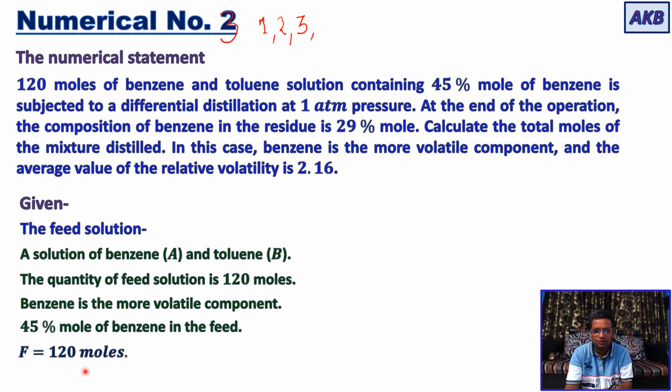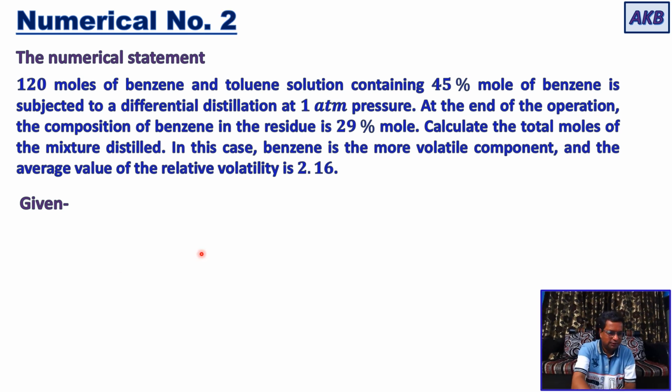Okay, so from this we can note down F as 120 moles and XF as 0.45. Since it is containing 45% mole of benzene, mole fraction will be the percentage divided by 100, that is XF is equal to 0.45.